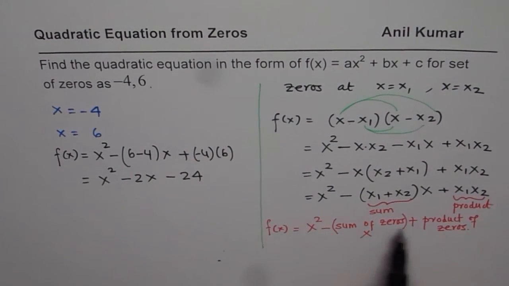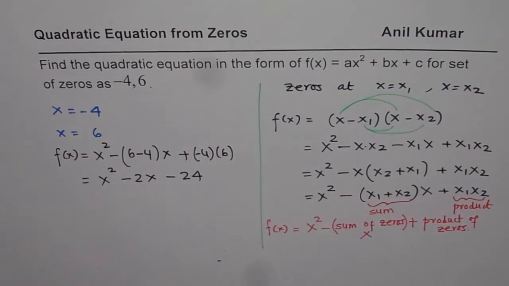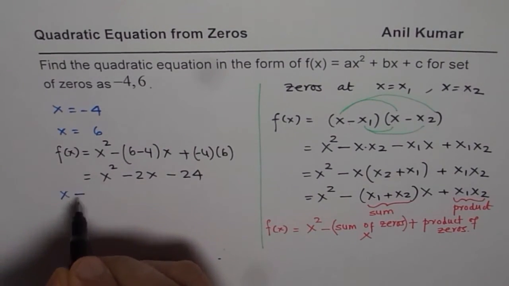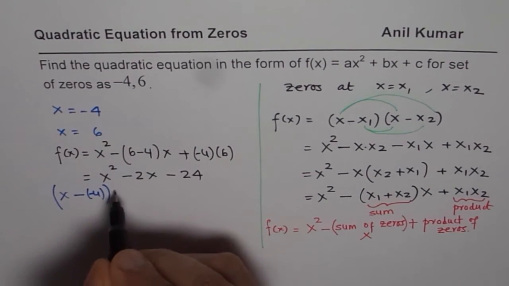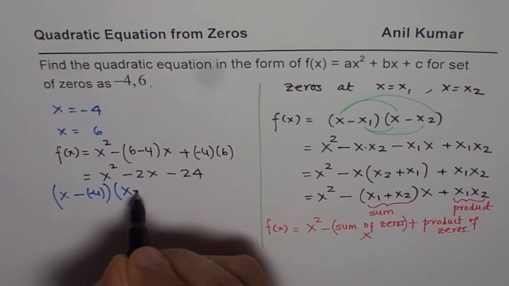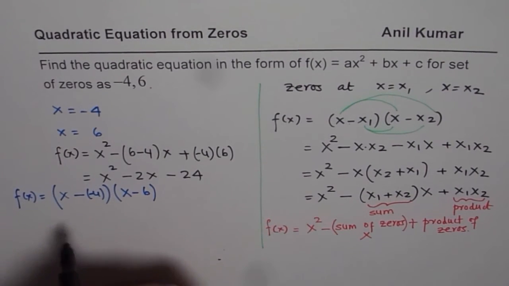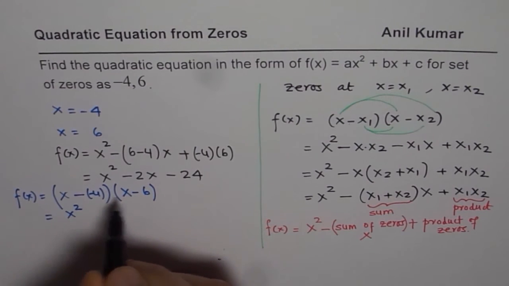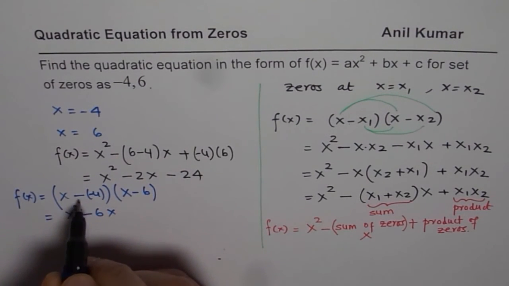So if you don't remember this, then what you can do is you can start with the factored form itself. So let's do that. So it is x minus -4, right, times x minus 6. So that is the function in factored form. So now we will expand this. When you expand, you get x squared minus 6x, and this minus minus is actually plus 4, right?